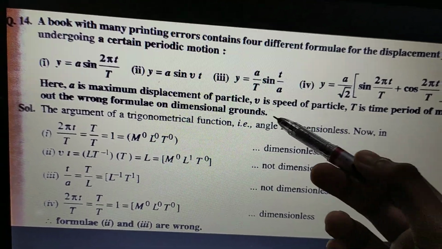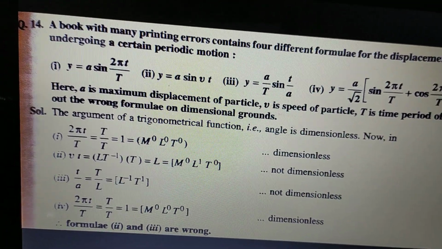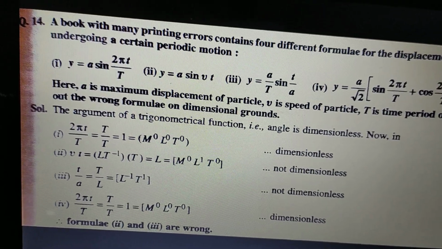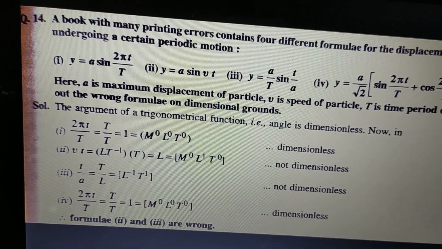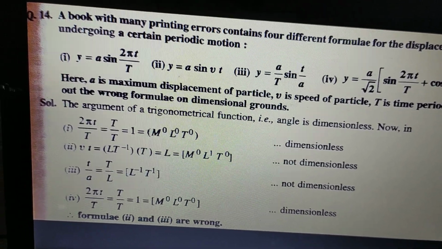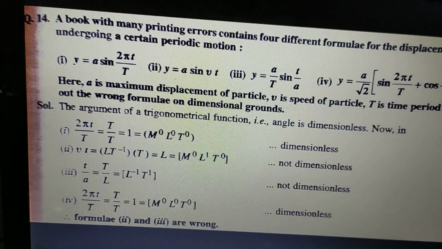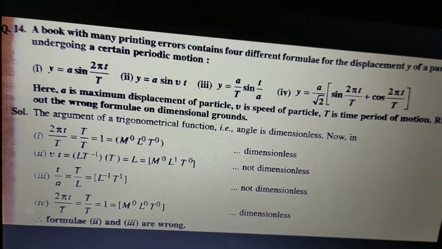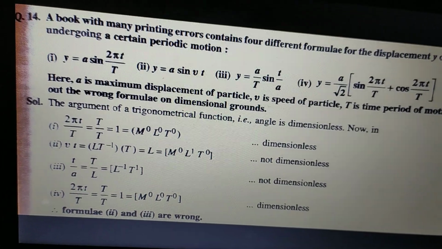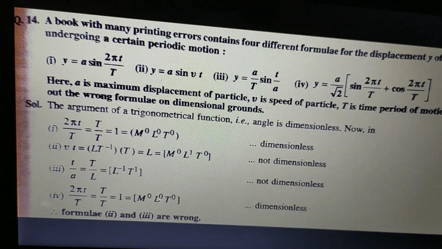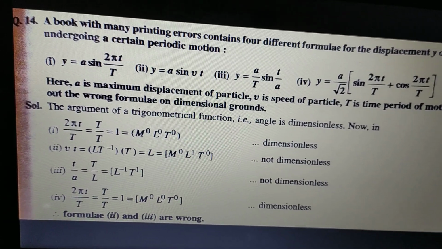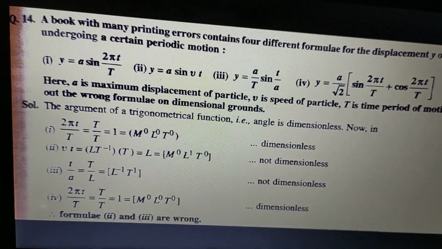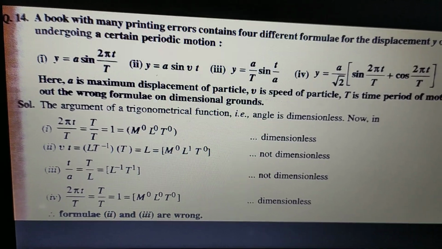Now let us see the third part of the question. What is it saying? That y equals a divided by T sine t divided by a, and we already know T is the time period of the motion. Now we have to compare the quantities.